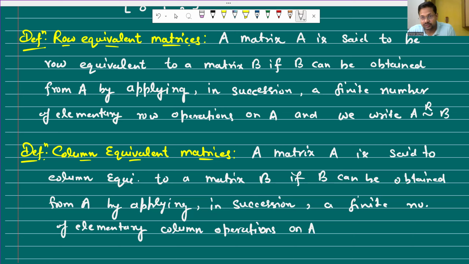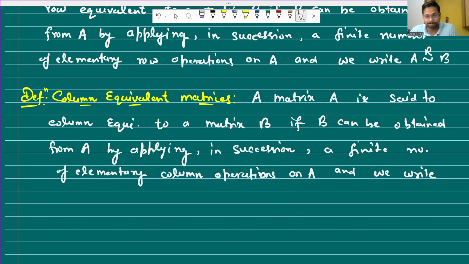Okay, and we denote it simply like this: A is column equivalent to matrix B.